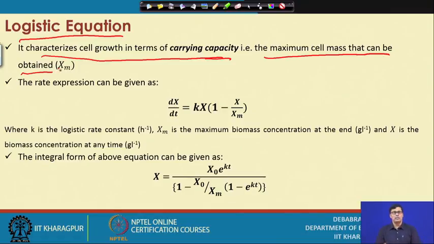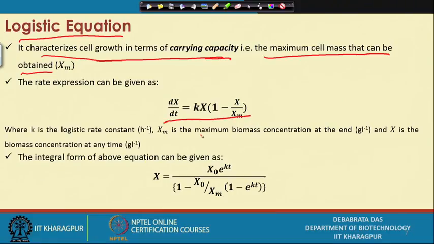That means this equation is based on how much maximum cell concentration can be achieved, not on the basis of substrate concentration. So, the basic difference between the Monod equation and the logistic equation is that the Monod equation is based on the concentration of limiting substrate, while the logistic model depends on the maximum cell concentration.